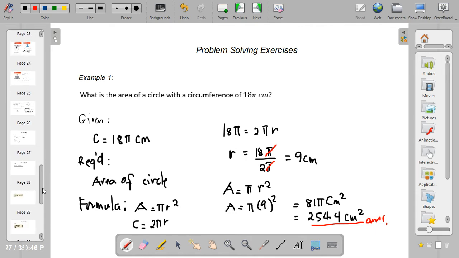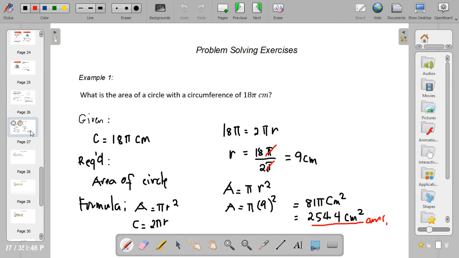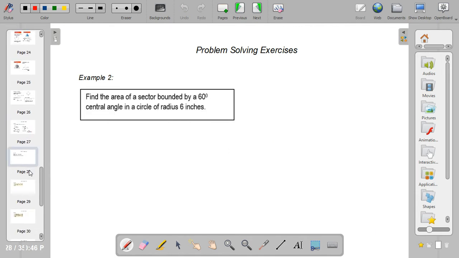Okay, so we have problem number 2. Find the area of a sector bounded by a 60-degree central angle in a circle of radius 6 inches.